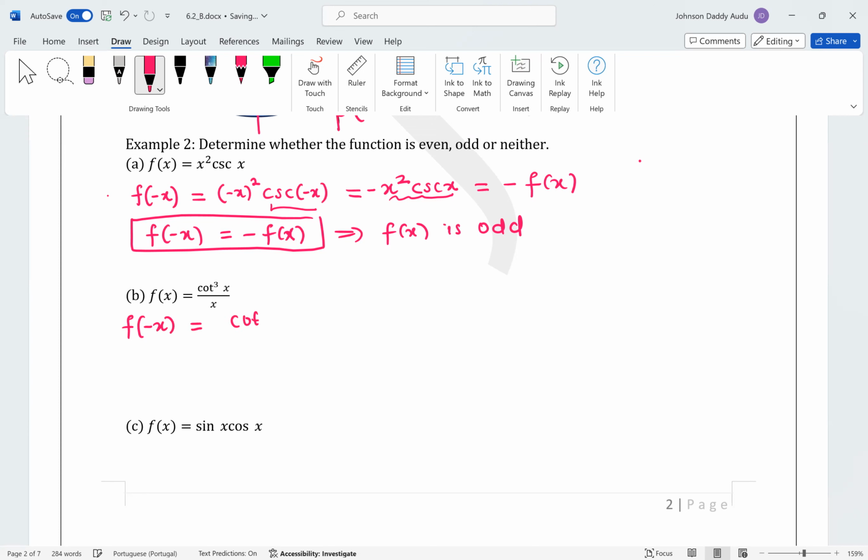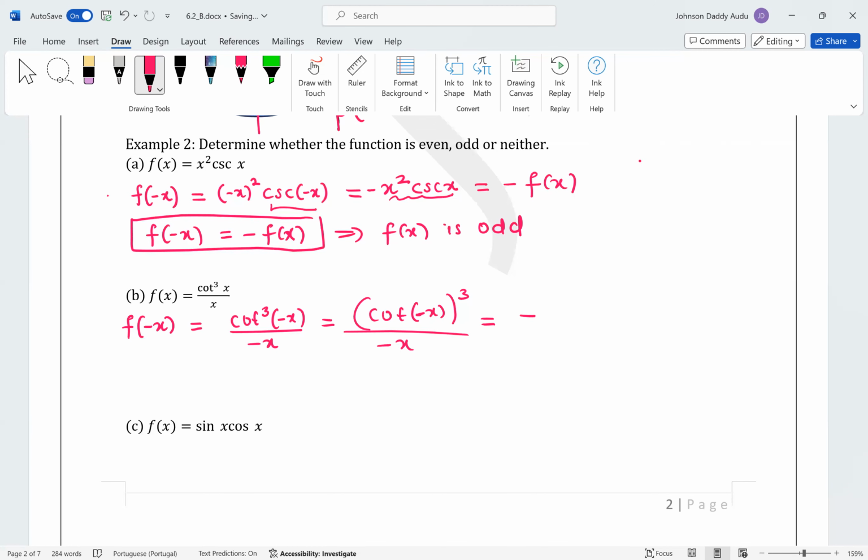Okay. So for b, also, you just need to start with f of minus x. This is going to be cotan to power 3 of minus x over minus x. But this is the same thing as saying cotan of minus x all to power 3 over minus x. But cotan is odd, so this minus will come out.